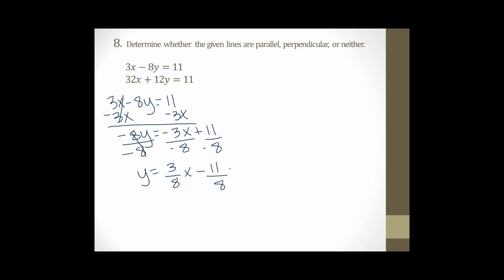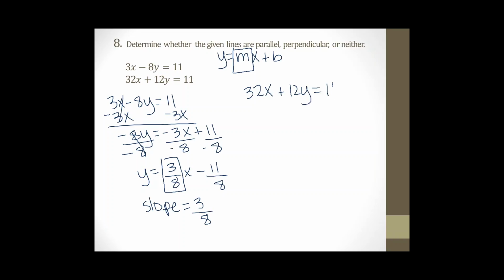The information that we need is the slope, which in this case would be m, because remember, slope-intercept form is y equals mx plus b. We want to look at the coefficient of x. So the slope for our first equation is 3/8. Let's hold on to that information and look at the second equation: 32x plus 12y equals 11.